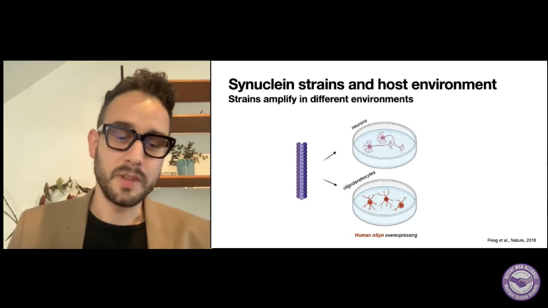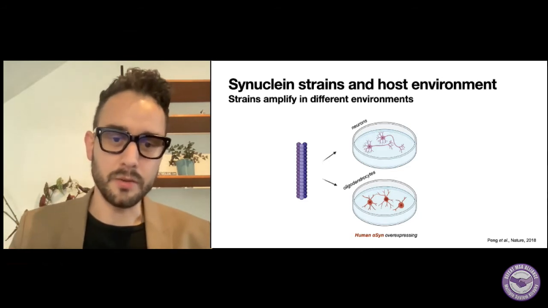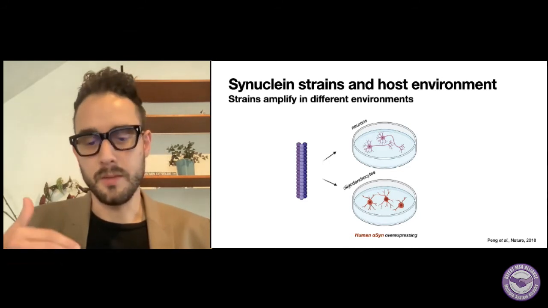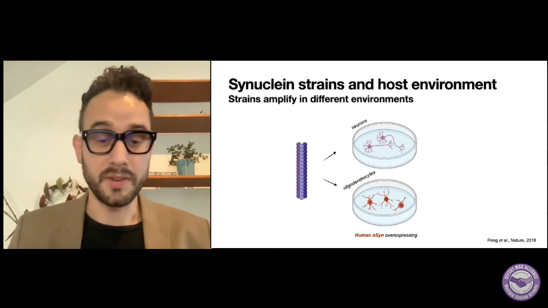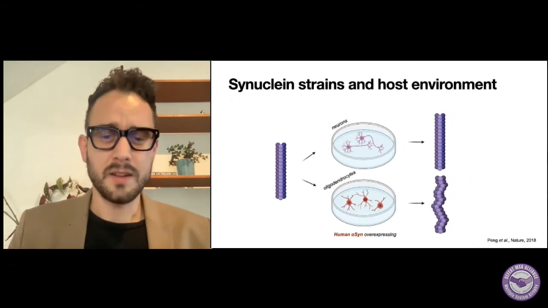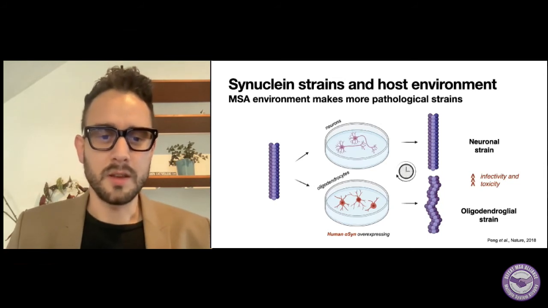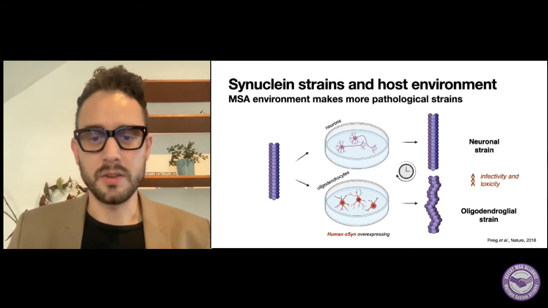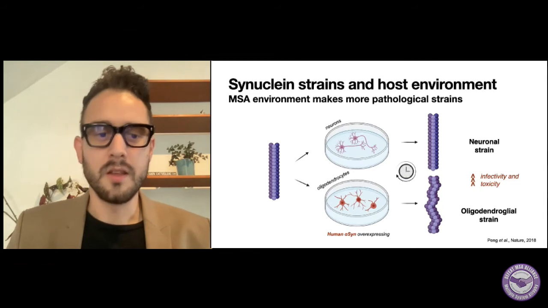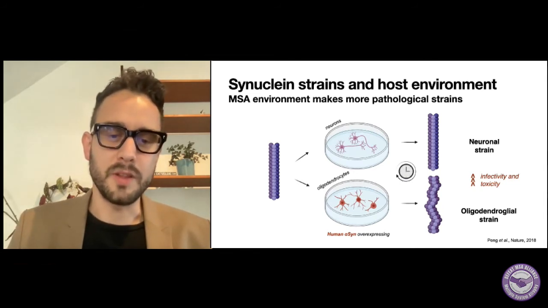These glial cells or these neurons were then expressing human alpha-synuclein. And when they added these fibrils to this particular environment, they could see that, for instance, for these neurons, you would end up with a neuronal strain. So these fibrils would then be added here.